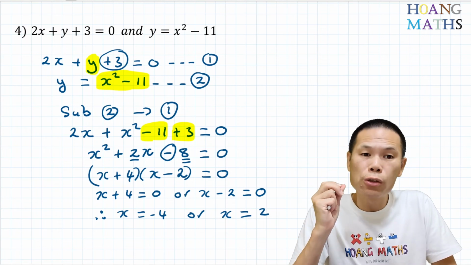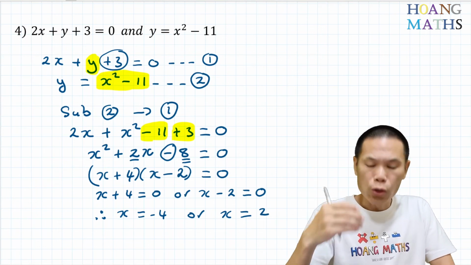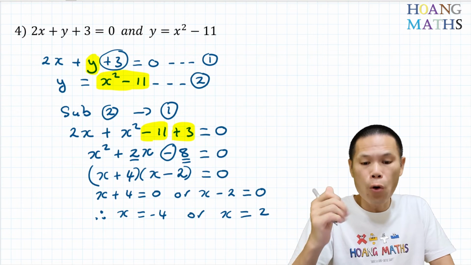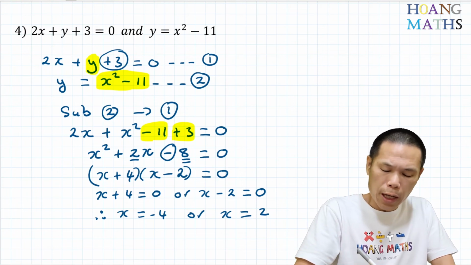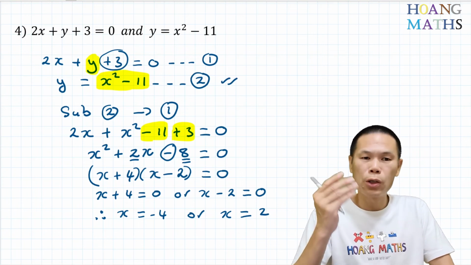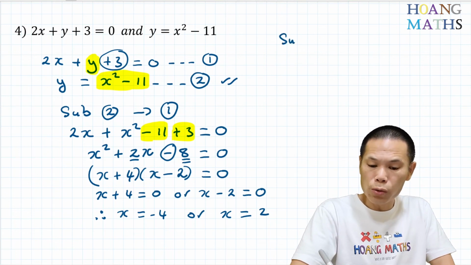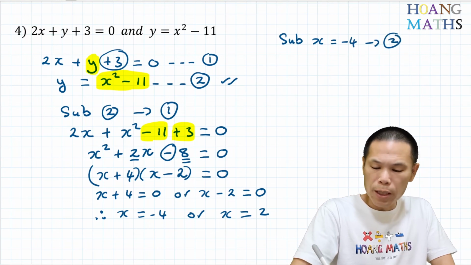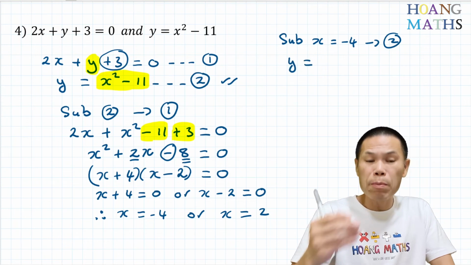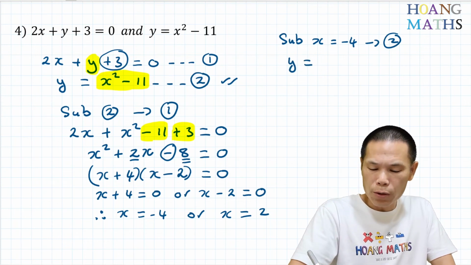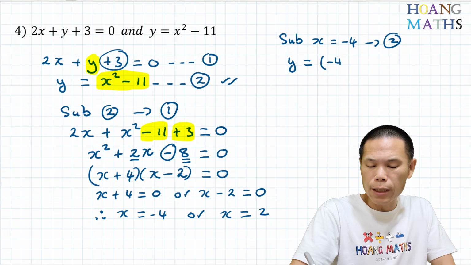So now we just need to find the y value. So when x is equal to negative 4, we just substitute that into equation number 2 because y is the subject already, okay? So I just say substitute x is equal to negative 4 into equation number 2. So this means that y equal x squared, but x is negative 4, so make sure you bracket it because it's a negative number.